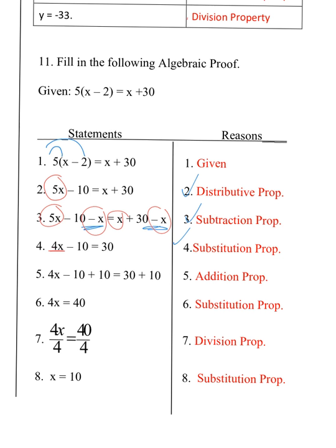Then from here to here, you get the plus 10 plus 10. And again, that's addition. But then here, they actually cancel these out to 0. 30 and 10 is 40. You get the next step. Then you see them dividing by 4. That's division. And then they, again, simplify it, substitution.